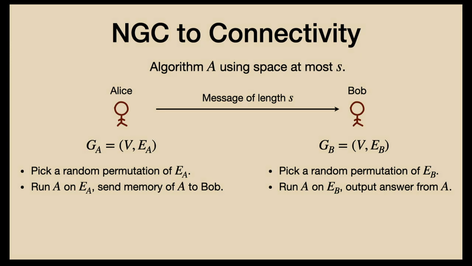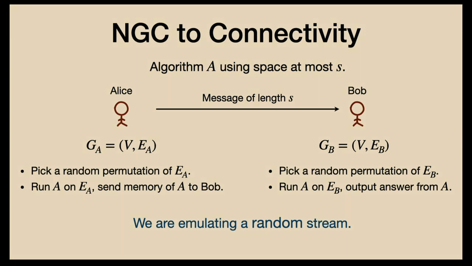And Bob is going to do the same thing, pick some random permutation, run this algorithm, and output the answer. So why is this good for us? Because what we're trying to do here is emulate a random stream, and that's why we wanted a random partition. Right? So once you have a random partition, you can pick this permutation and just have a random order of the edges. Right? So this way, a lower bound in the communication setting is going to translate to a lower bound in the space used for this streaming algorithm also.